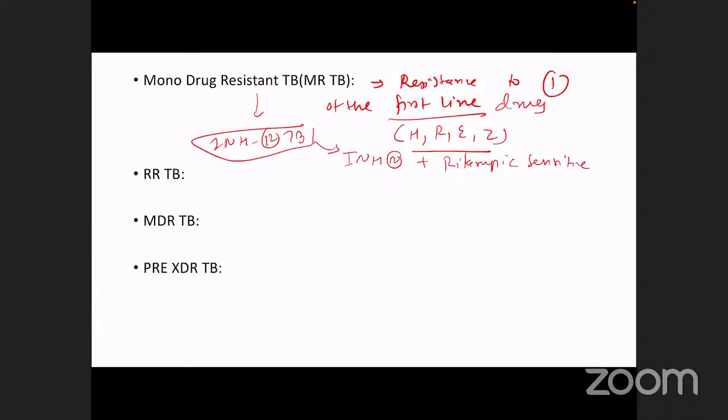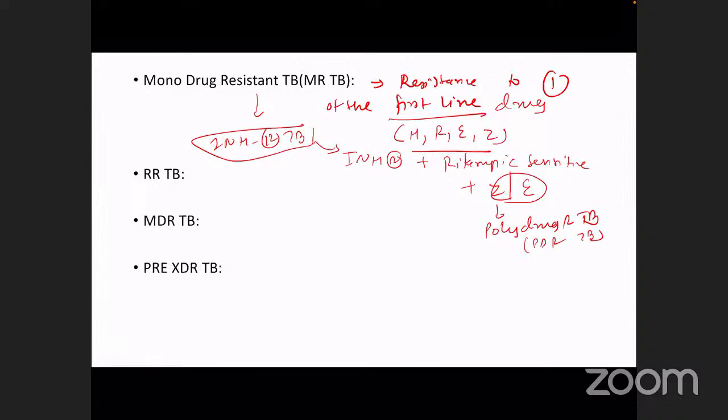Rifampicin is sensitive either based on culture or rapid methods, but there is INH resistance. If you add resistance to Z or E in this, then you call it polydrug resistant TB, or PDRT. This is important because management of INH resistant TB and polydrug resistant TB without rifampicin resistance is completely different.